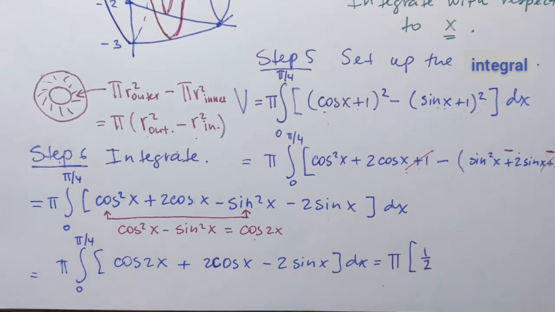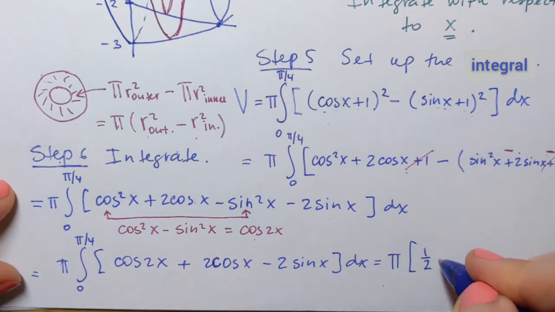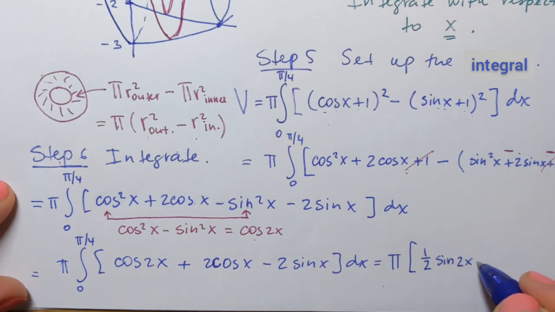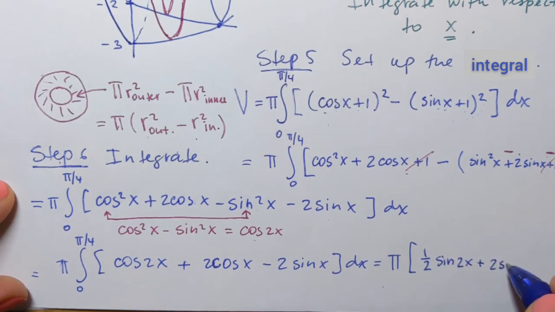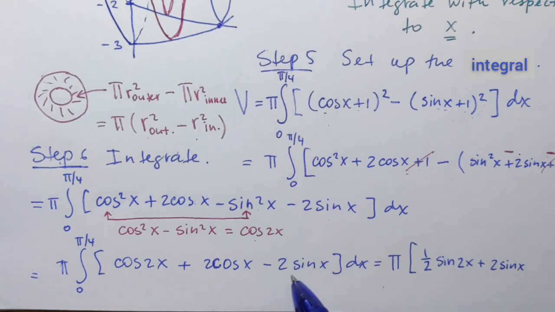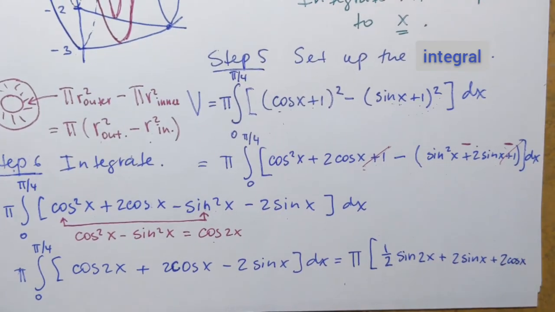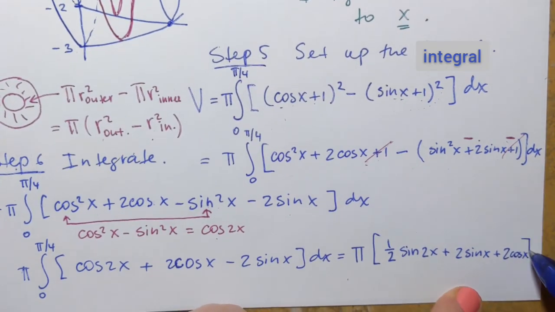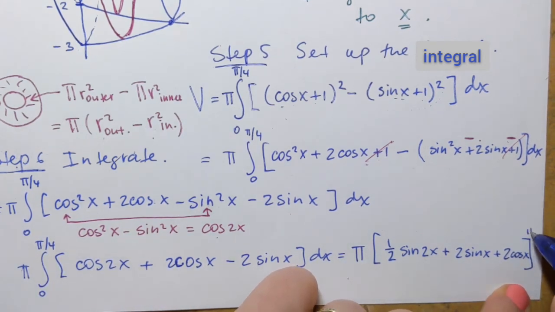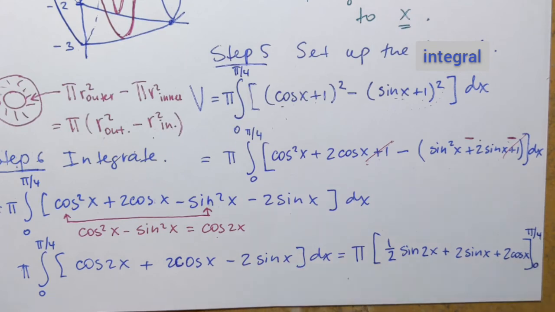So the integral of cosine is sine, so it's going to be 1/2 sine 2x plus 2 sine x, and the antiderivative of sine is negative cosine, so it's going to be plus 2 cosine x, evaluated at 0 and pi over 4. I guess I should say pi over 4 and 0.